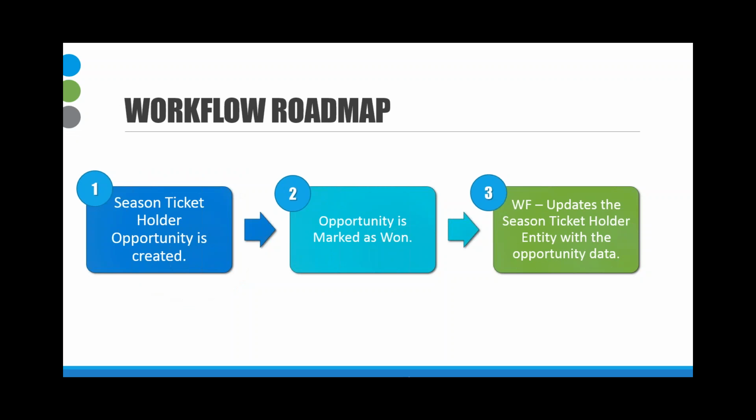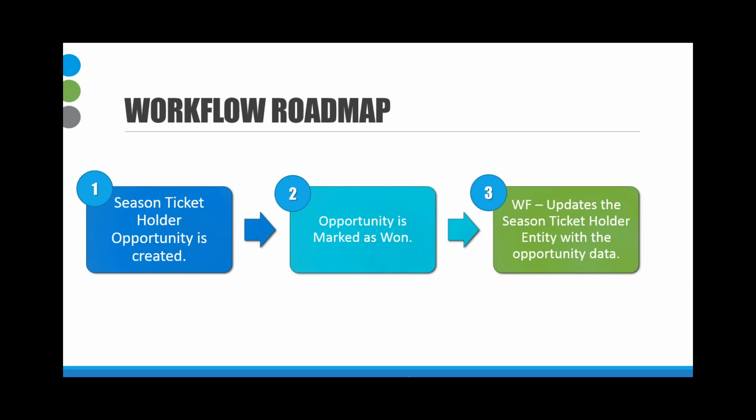But another case you might find applicable is if, after you win an opportunity, it becomes something like a project, and now you've got all this data that you gathered on the opportunity, and you want to transfer that over to your project entity, and you don't want to do that manually. This can be a great way to, once you've won that opportunity, automatically create that record and transfer that data over.